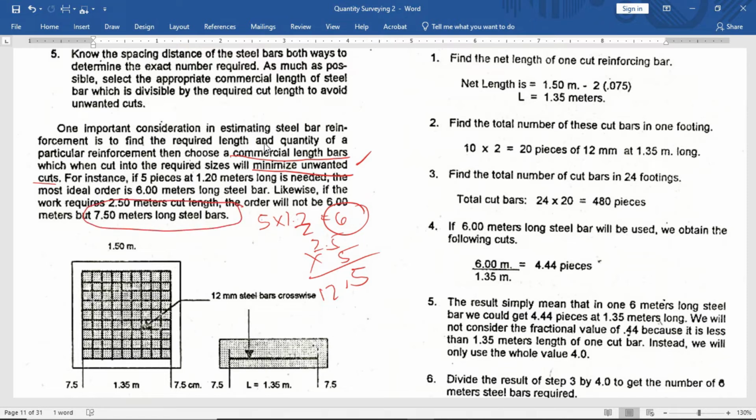Kasi, kung puputulin natin yan, 7.5, meron tayong 2.5, 2.5. Dalawang 7.5 meters lang gagamitin natin. So, sakto yung 7.5 meters na steel bar kung ganun yung gagamitin natin.